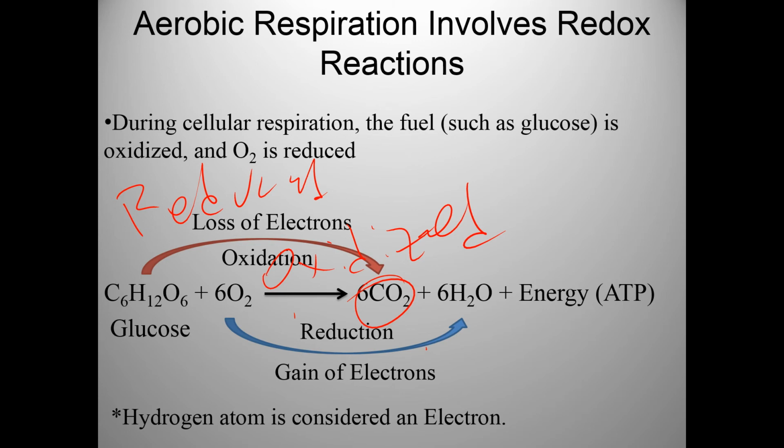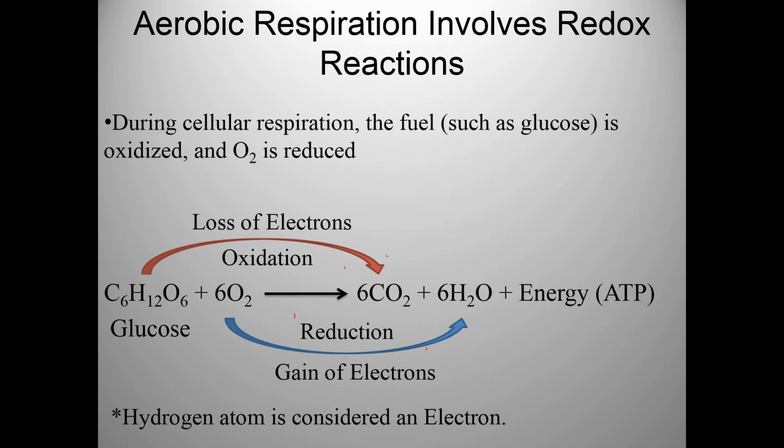Oxygen is initially oxidized, is reduced to water. So in a redox reaction, you're always coupling oxidation and reduction. And all this stored potential energy is then used to make ATP.